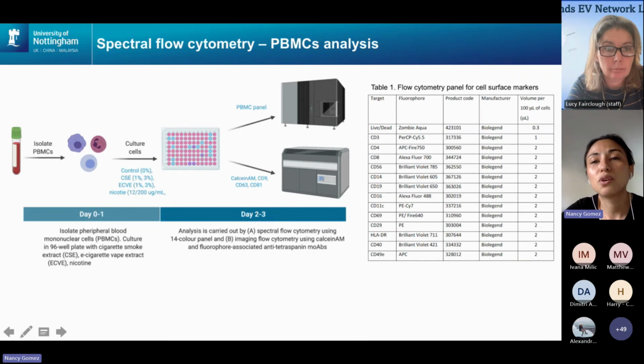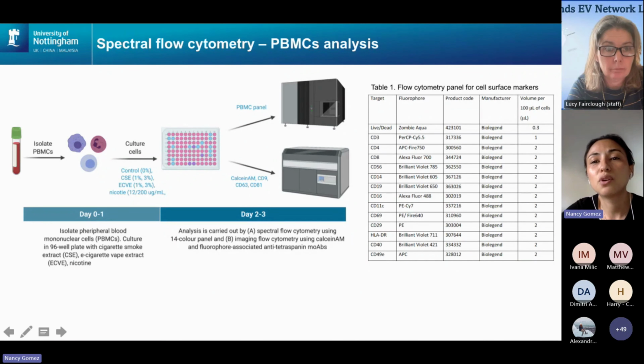Additionally, we had some cell populations of interest that we wanted to look at, but we also wanted to look at some previous markers such as CD29, HLA-DR, CD40 and CD49E that we had previously identified using the MACSPlex kit that were of interest, and we wanted to see using this panel if there were also changes in expression in the cells.